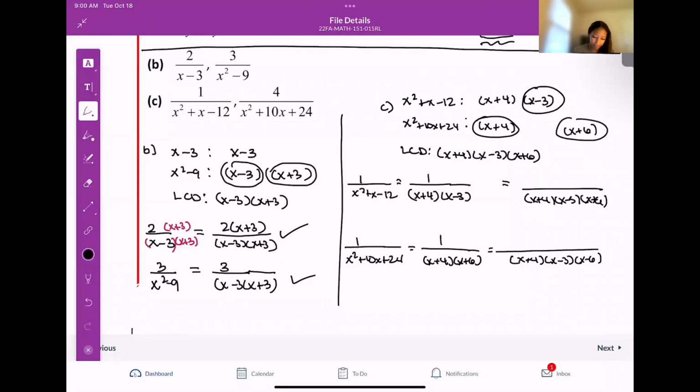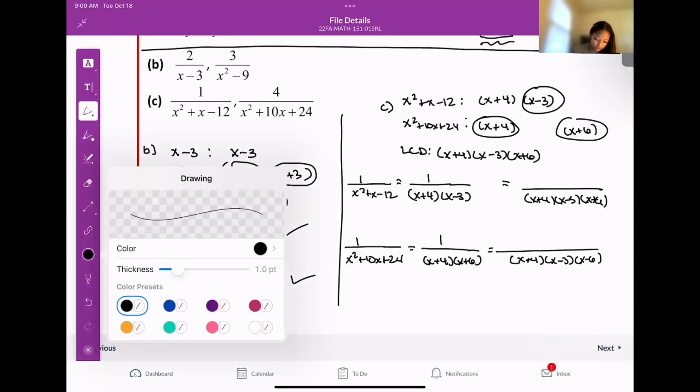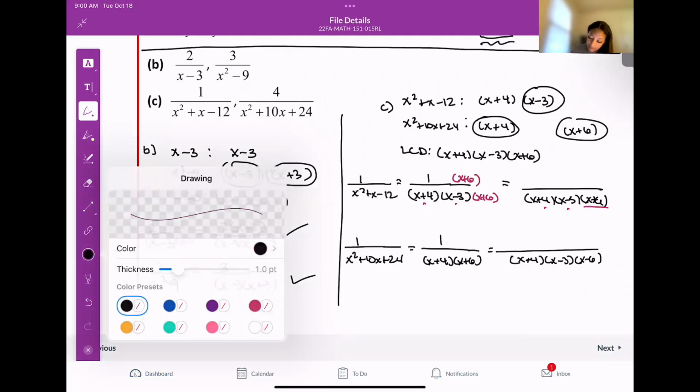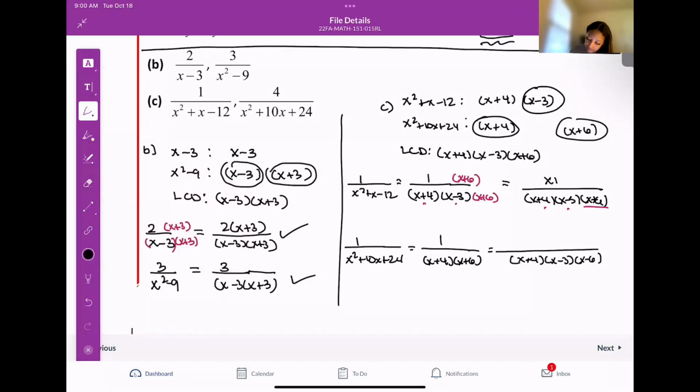Excuse me. So for our first expression, we have the x plus 4. That's good. We have the x minus 3. That's good. We need the x plus 6. So we're going to multiply by x plus 6 in the numerator and denominator. This gives us x plus 6 over (x plus 4) times (x minus 3) times (x plus 6).